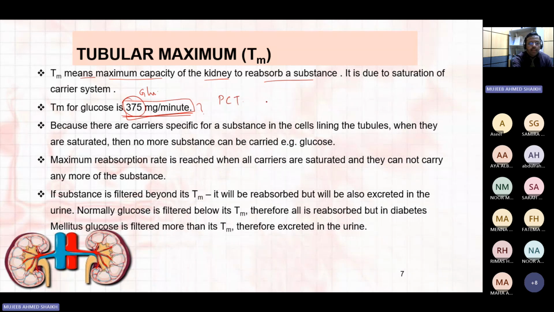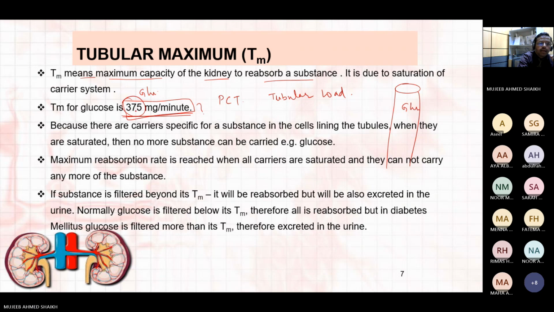If you remember from slide number 1, I told you what is meant by tubular load. How much quantity of a specific substance is present after filtration. So in the proximal convoluted tubule, if the glucose quantity is up to 375 milligram per minute, then it will be completely reabsorbed.